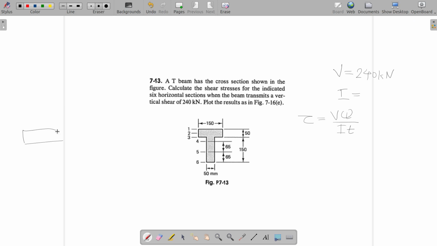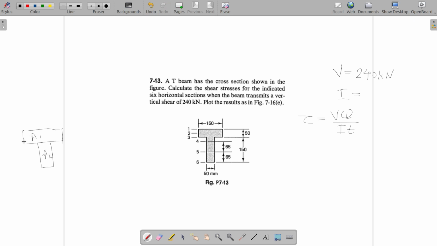Split the area into two parts, A1 and A2. Okay, I'll just draw it together, right?